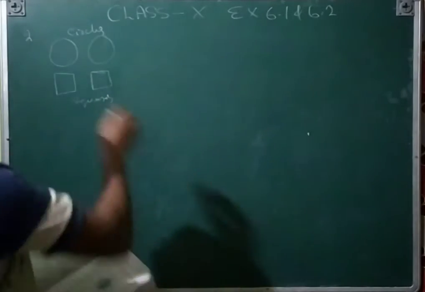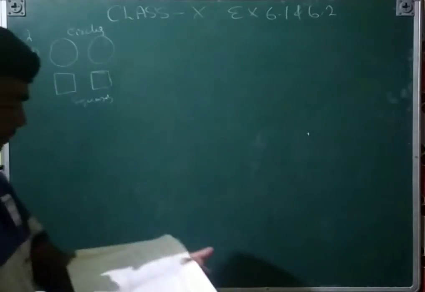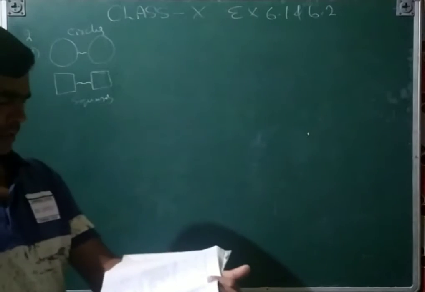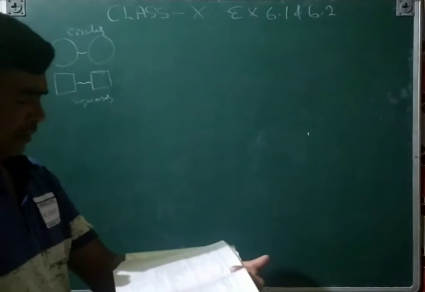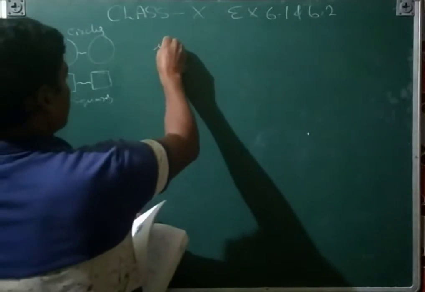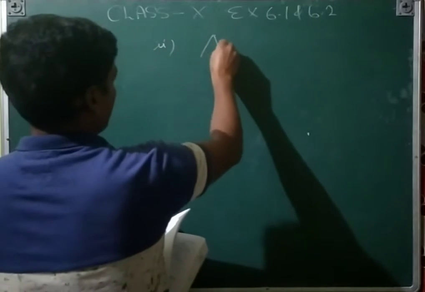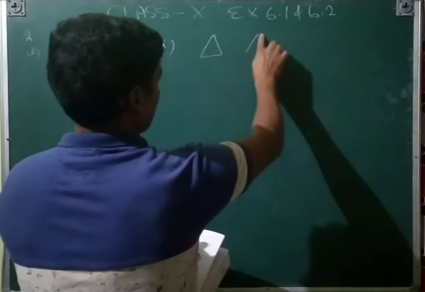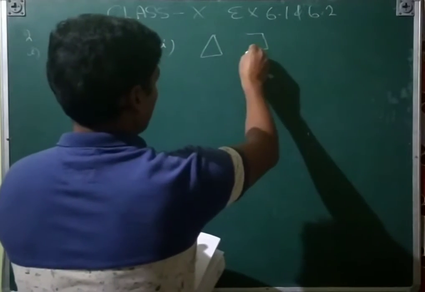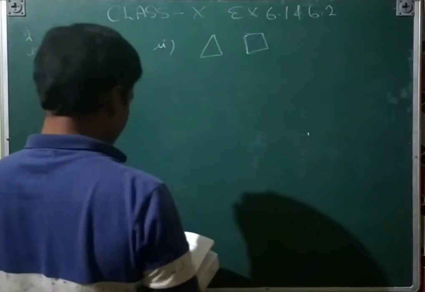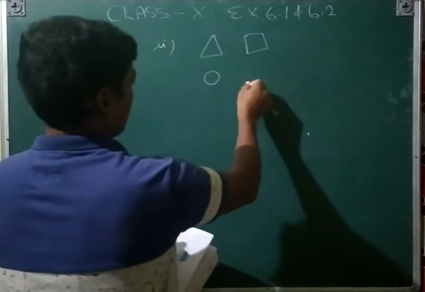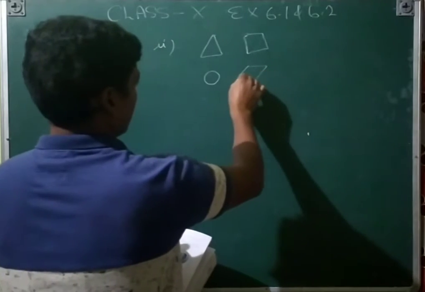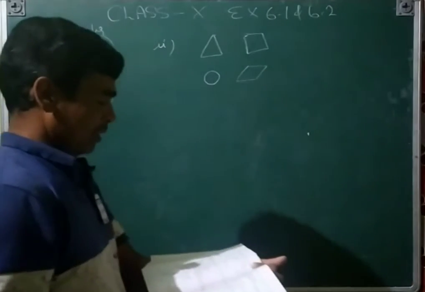That is the first part, similar figures. And then the second part, non-similar figures. Non-similar figures means one is a triangle and the other is a square or rectangle or trapezium. Like this, one is a circle and one is a trapezium. These are not similar.